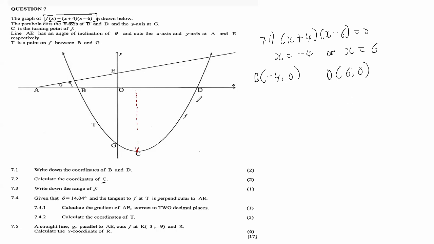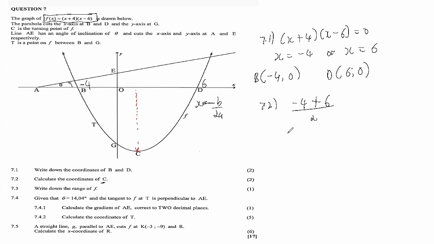We can either calculate it using the formula x is equal to negative b over 2a, or we can simply use the fact that the axis of symmetry is the midpoint of the x-intercepts. So we have negative 4 here, and positive 6 here. To calculate this x-coordinate, we take negative 4, add it to 6, then divide by 2. Therefore we find the midpoint of the x-intercepts, which corresponds to the x-coordinate of the turning point.